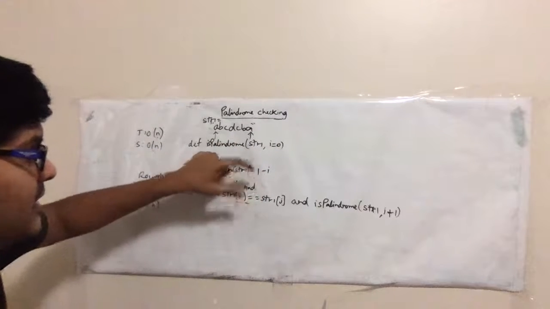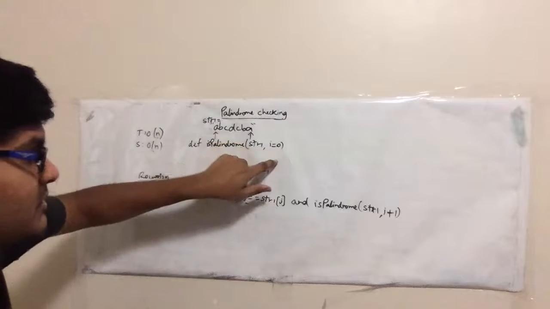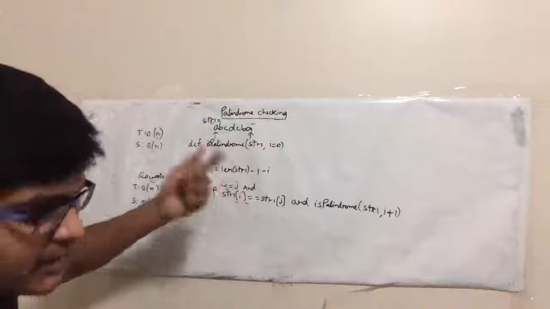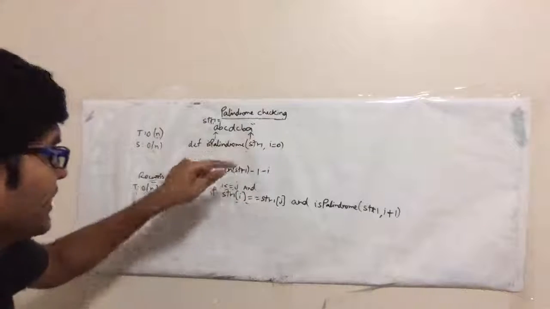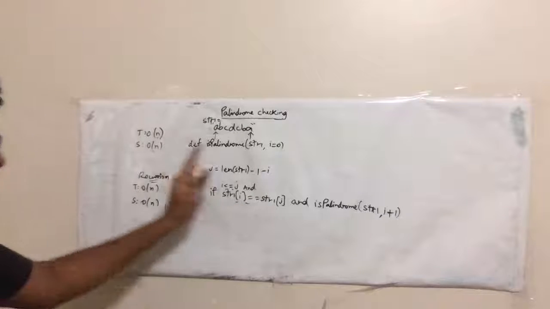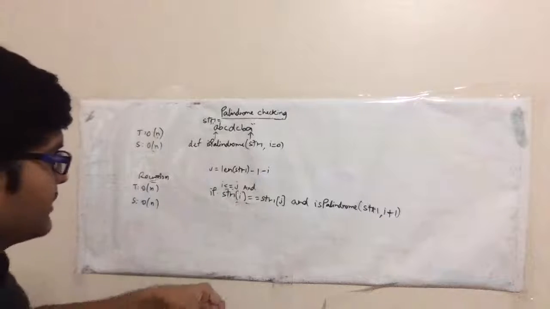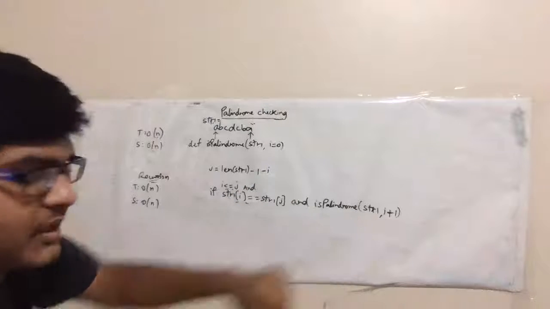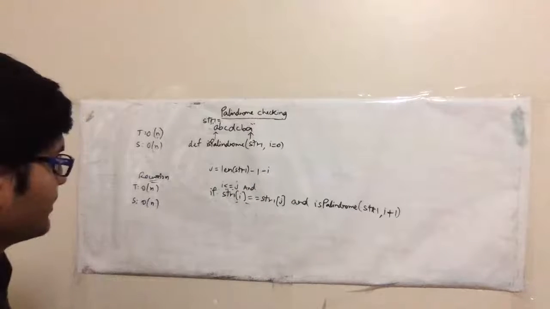But if i is 1, j needs to be decremented by 1. So minus i should be there here. So i and j, and i less than or equal to j, and this string's front and back, and recursively calling that function with the new incremented i plus 1. So I think that's it.